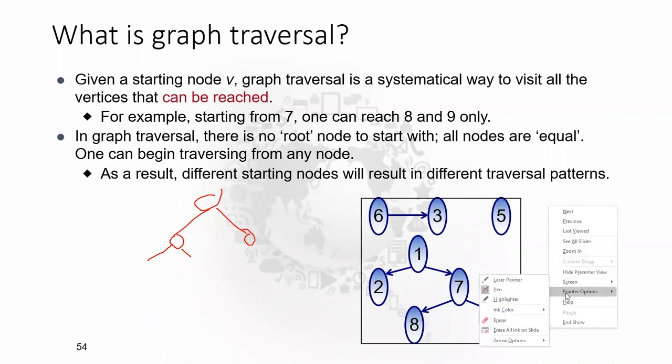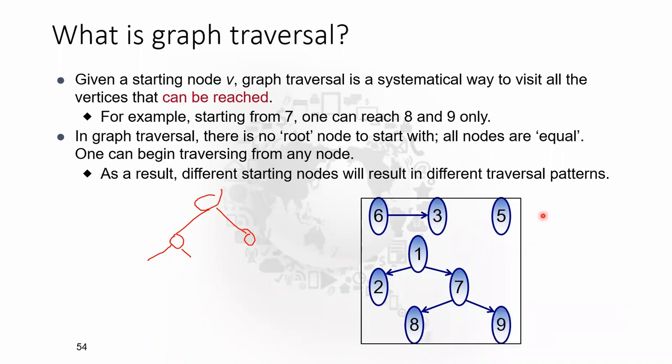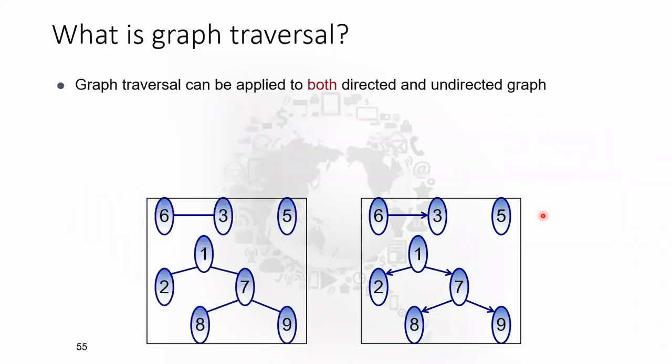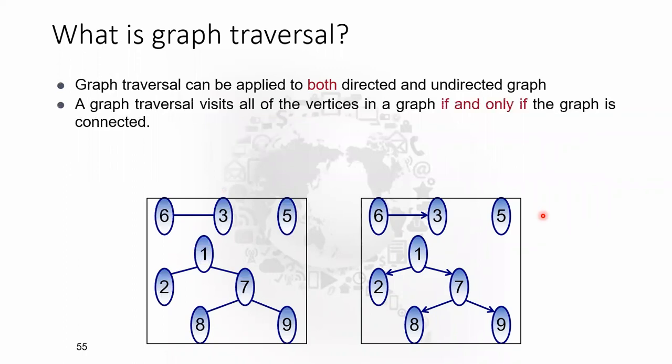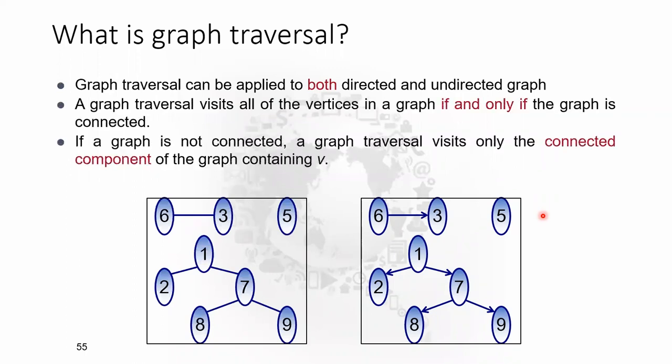But of course, when you're doing something, you have to think about the structure of the data and what you want to do. So that is very important. Graph traversal can be applied to both directed and undirected graphs. If and only if it travels to all the vertices, the graph is connected.